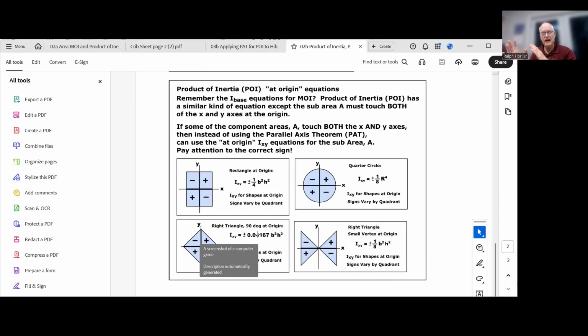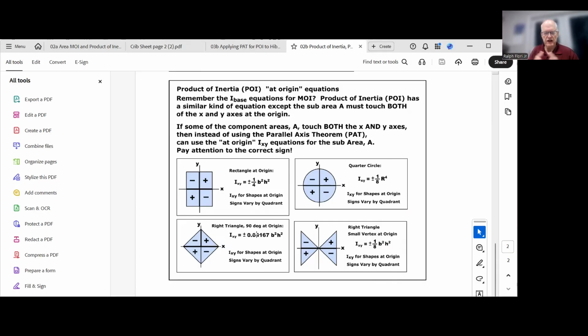Remember, for Ix or Iy, those are with respect to a single axis. So for those, we have an I base form, but for Ixy, we have an I origin form, or you might say an I corner form. So that's relative to two axes, not one.